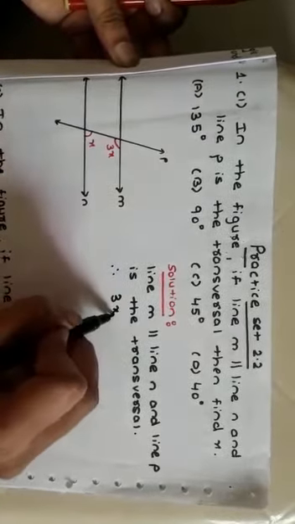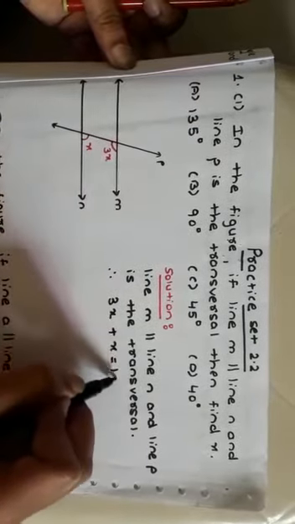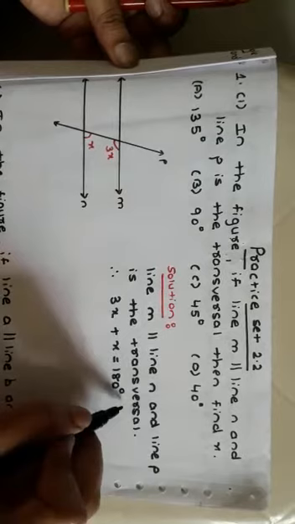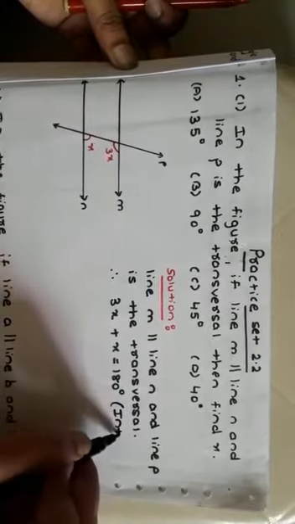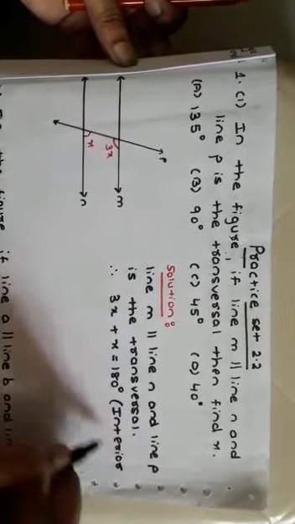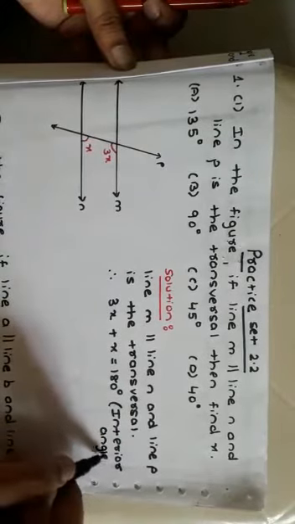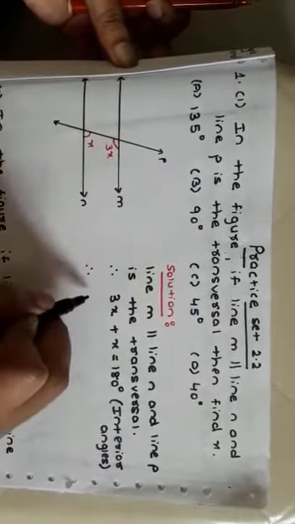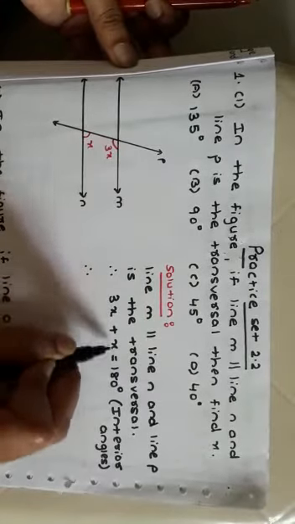Therefore, 3x plus x is 180. The reason is interior angles. 3x plus x are both like terms.